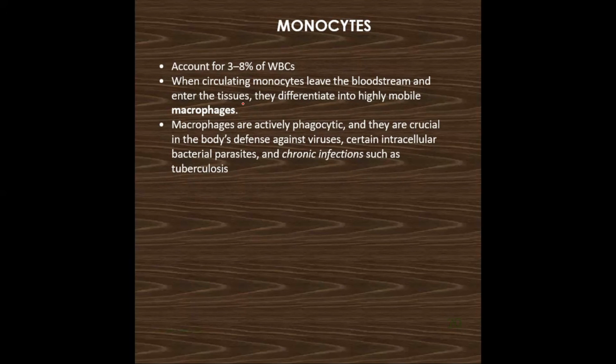They differentiate into highly mobile macrophages. Macrophages are actively phagocytic, and they are crucial in the body's defense against viruses, certain intracellular bacterial parasites, and chronic infections such as tuberculosis. We can say that they play an important role in body defense.